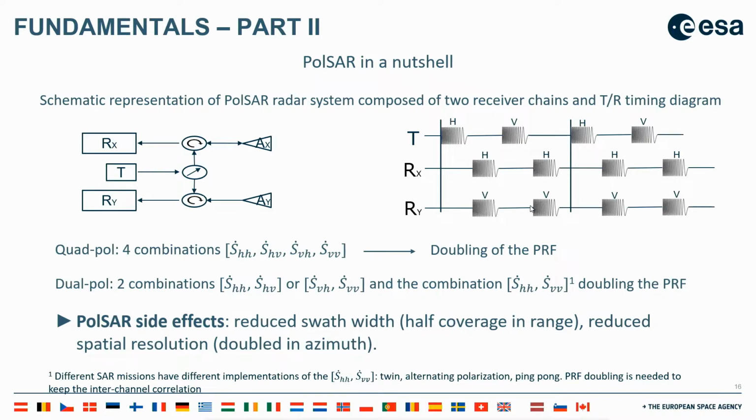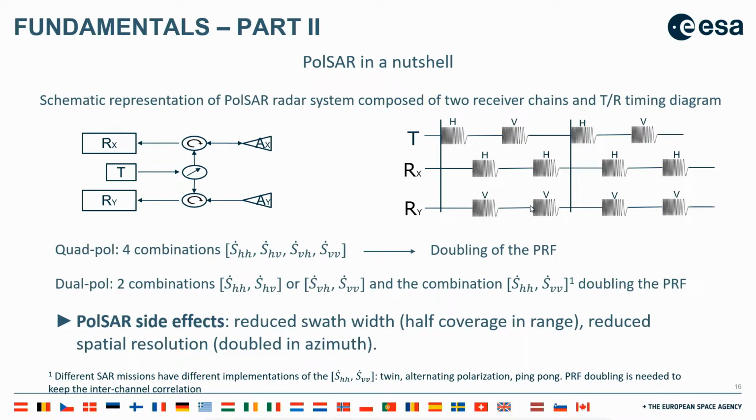In some other cases, it's called alternating polarization. Some other satellites call it ping pong mode. What is important here is that the HH-VV combination is coherent, which means that the phase information between the 2 polarizations is kept, not thrown away, and it also requires doubling the PRF.